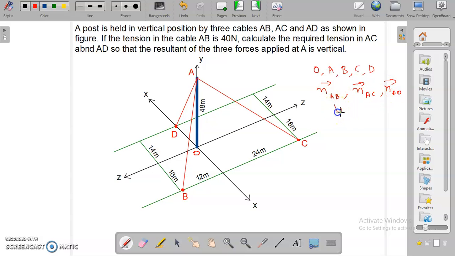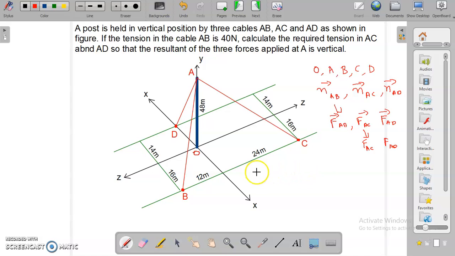Then using these we have to find force vectors F_AB, F_AC and F_AD. For F_AB you know the magnitude, that is 40, and for F_AC and F_AD we don't know the magnitude, so we can keep them as F_AC and F_AD and substitute the values.